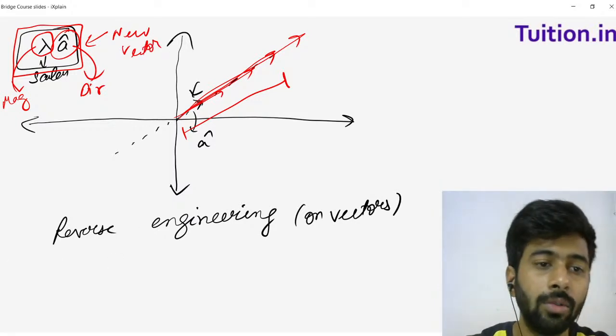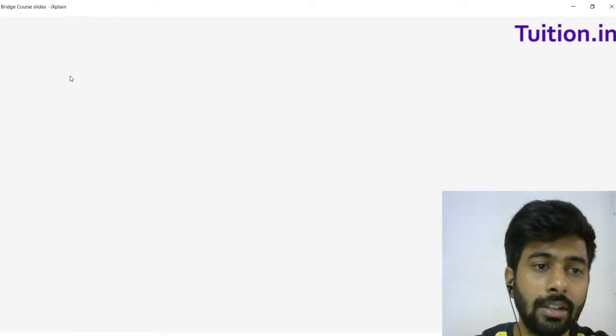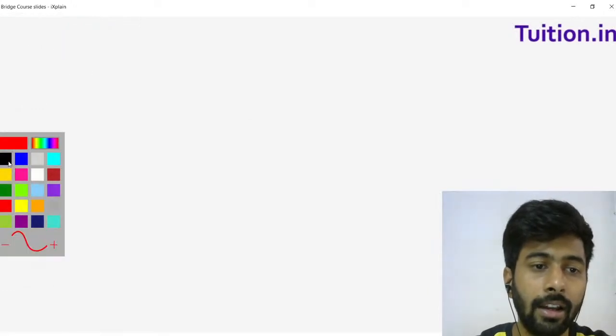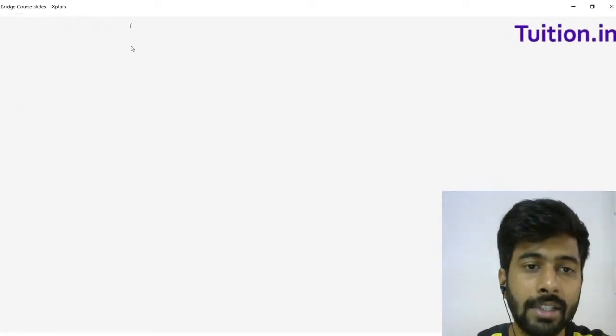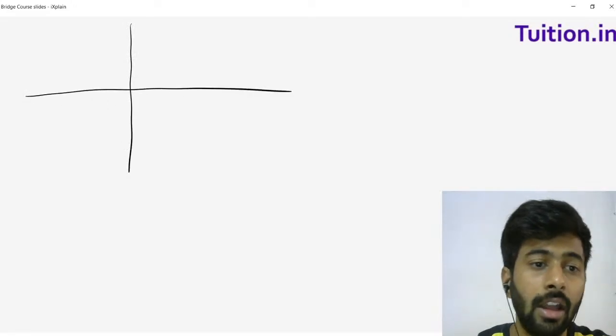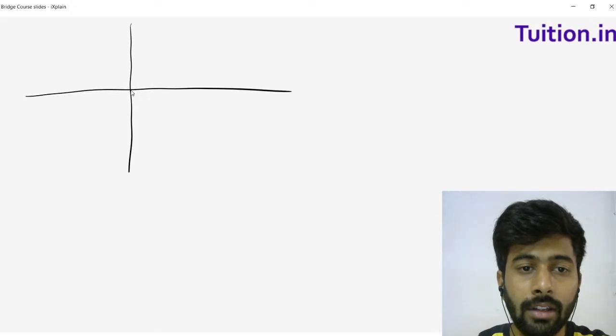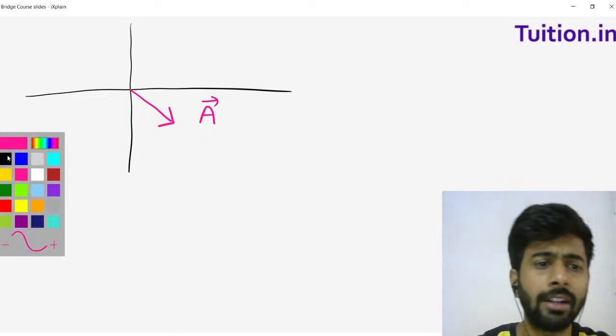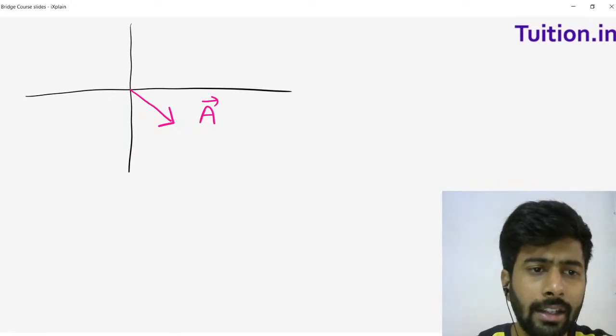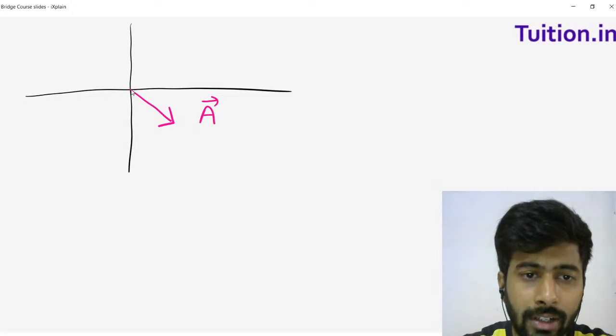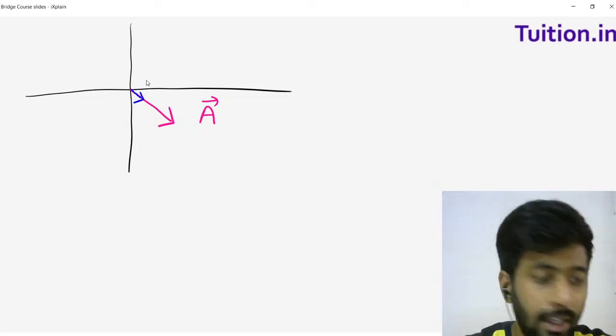So what we will do now is, let me say I have a vector available with me in this direction. This vector is a bar. If I have the vector available, is it possible for me to get a unit vector in this direction, a cap?